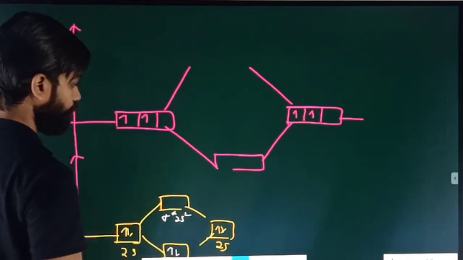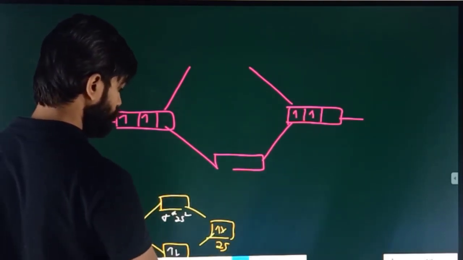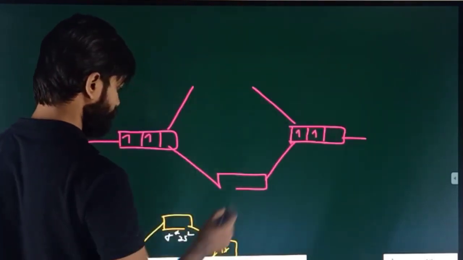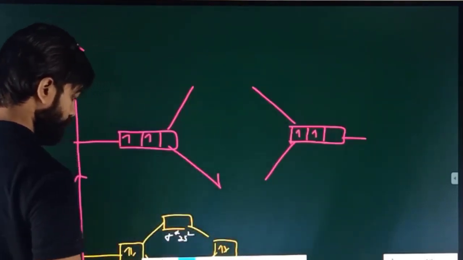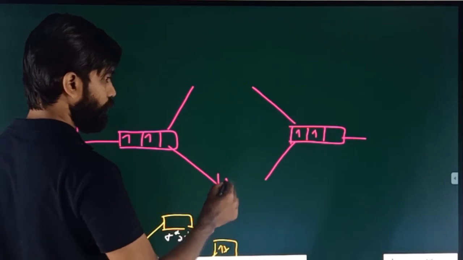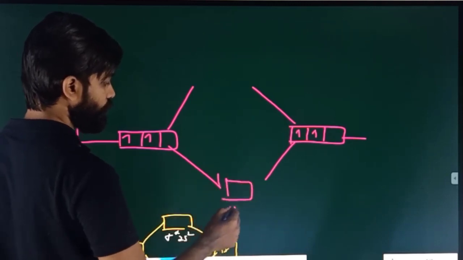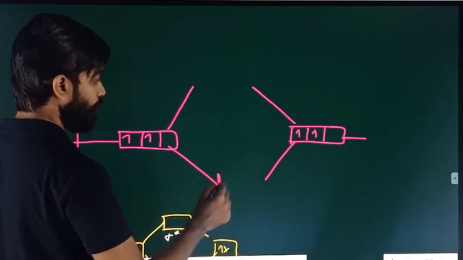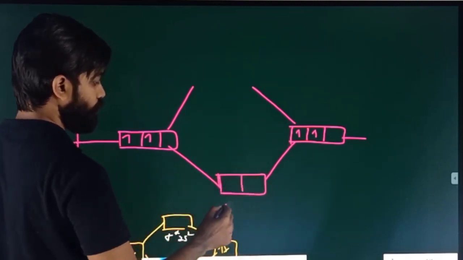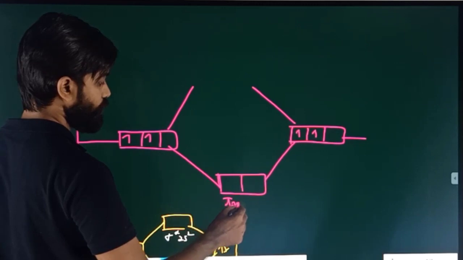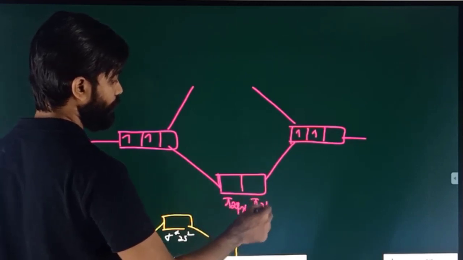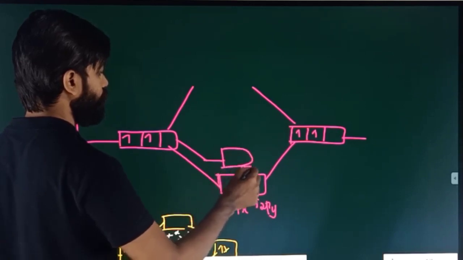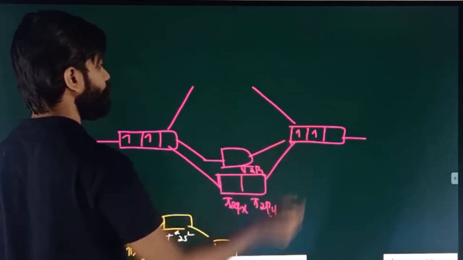So listen. The least energy is for the pi 2p category, so this is pi 2px equal pi 2py, and this is sigma 2pz.